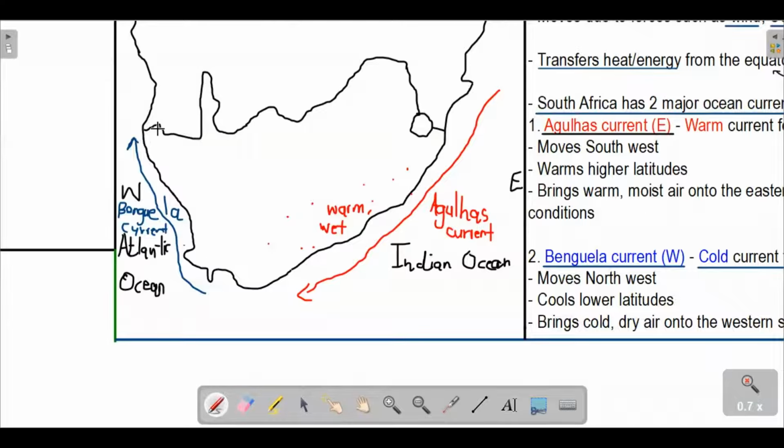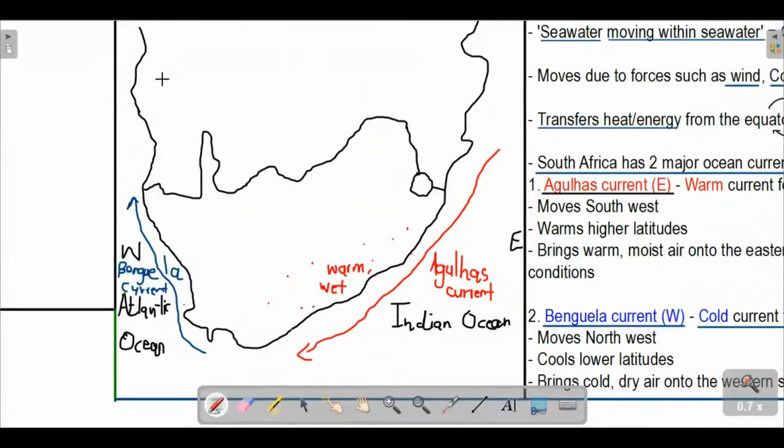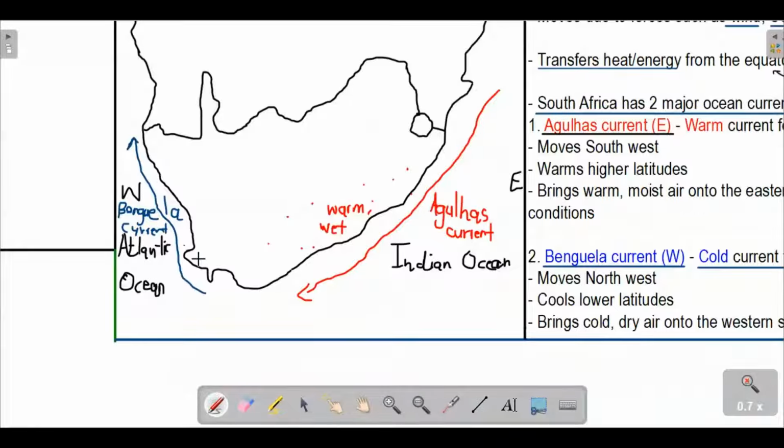It will bring cold conditions there. It is warmer at the tropics, in the lower latitudes. So the Benguela travels from higher latitudes to lower latitudes, whereas the Agulhas travels from lower latitudes to higher latitudes.